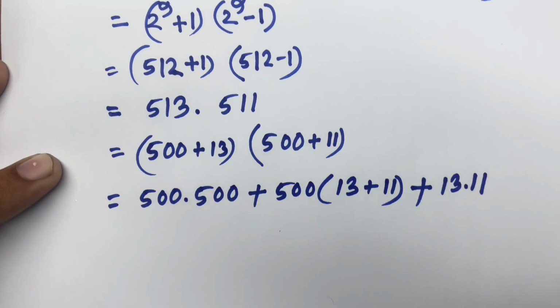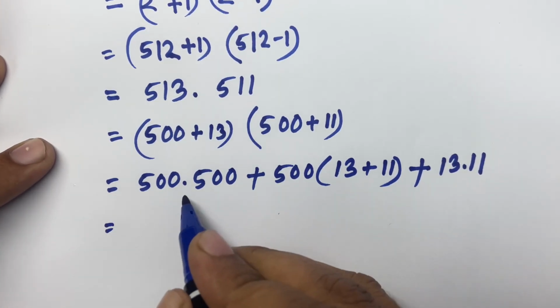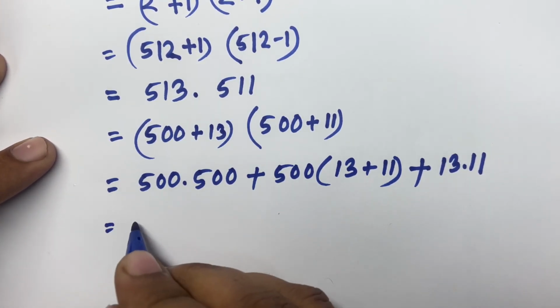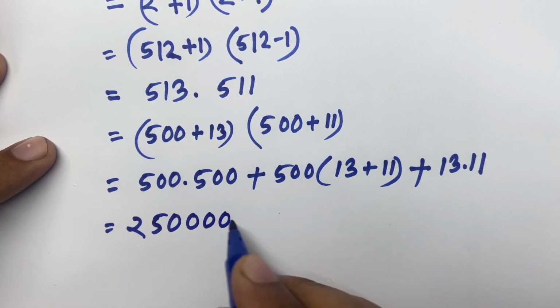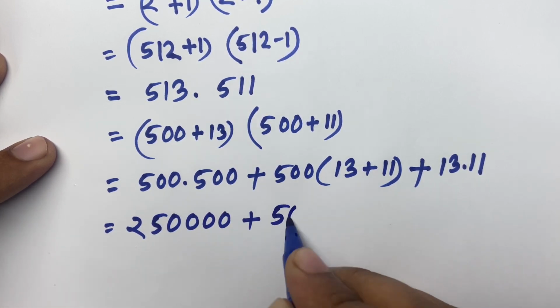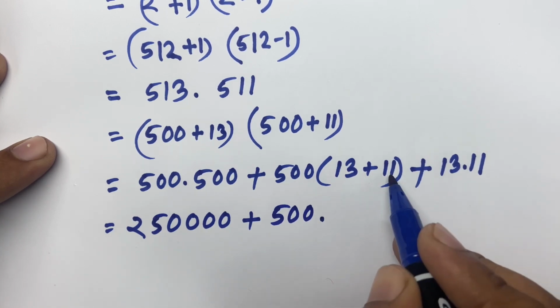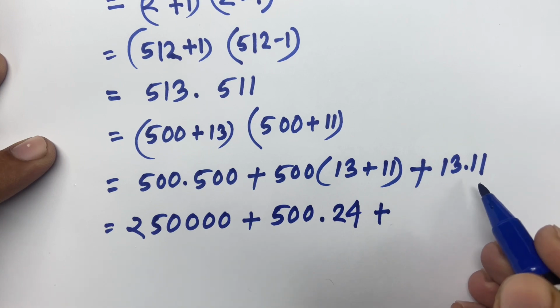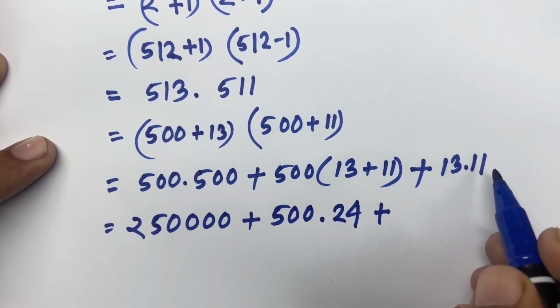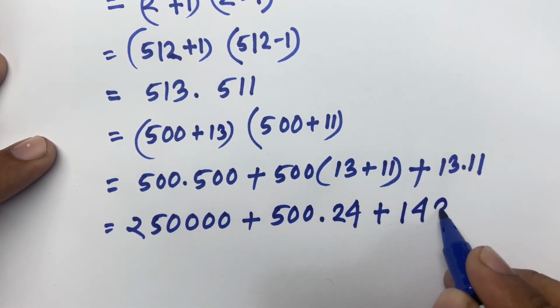Now I can say here is 500 times 500, so 250,000, and here is 500 times (13 plus 11), which equals 500 times 24, and 13 times 11 is equal to 143.